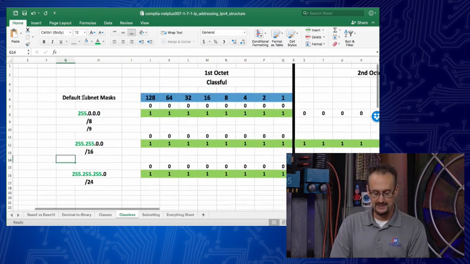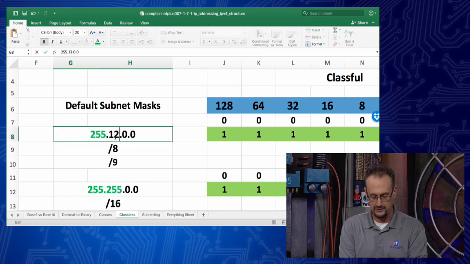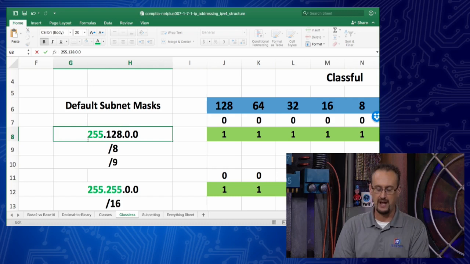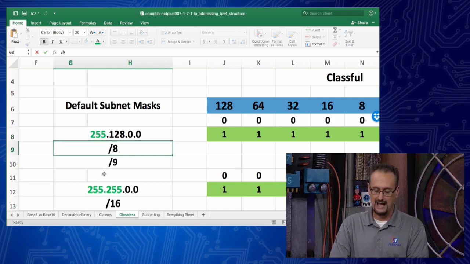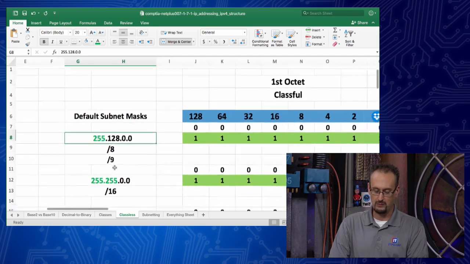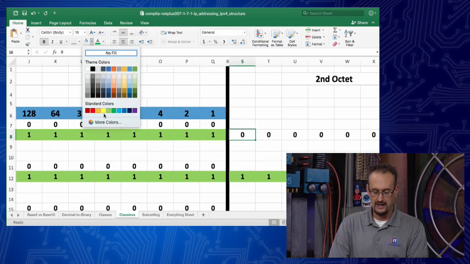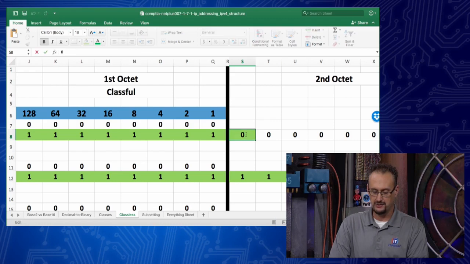So I can see that a /9 would have to be 255.128.0.0, because I'm using that Class A default subnet mask as my way marker. I know /8 has got to be 255. Well, what would be 1 bit after that? If I borrowed that bit and turned it on, well, now I have those 9 bits.